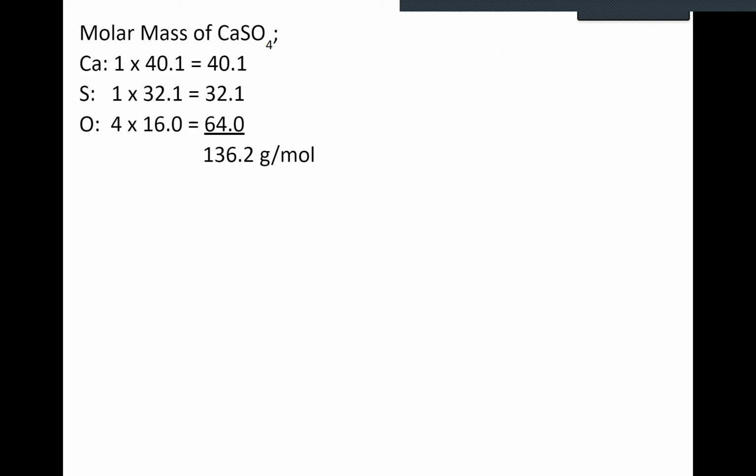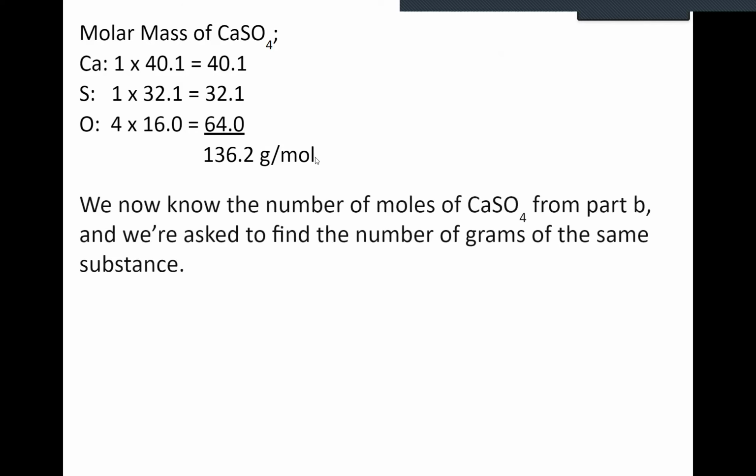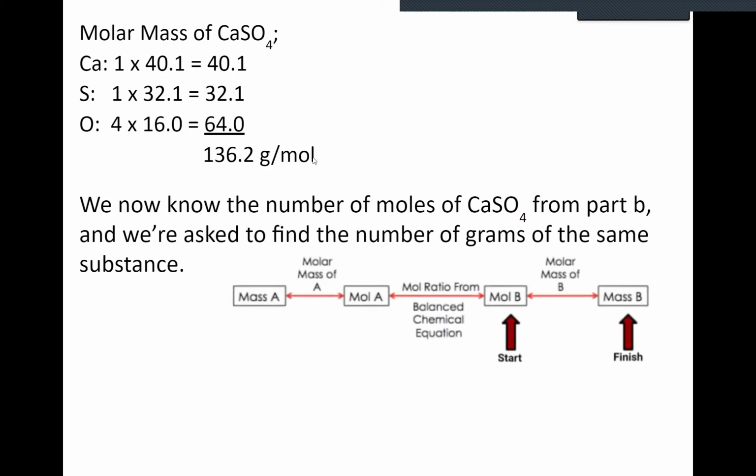Part D, calculate the number of grams of calcium sulfate that are expected to be produced. Grams. So we know the number of moles of calcium sulfate from part B. It was 0.8. And now we've got the molar mass from part C, and we're asked to find grams. Consider where we are on the stoichiometry roadmap.